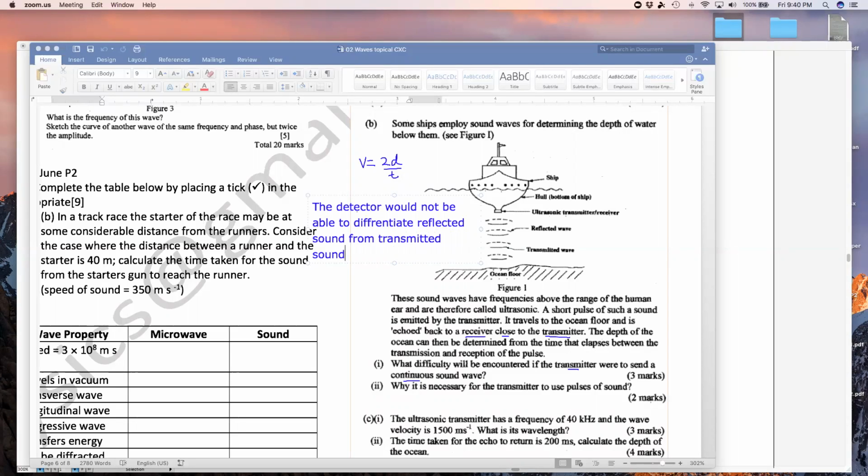The detector would not be able to differentiate between reflected sound, the sound that came up from the ocean floor, as compared with the sound that was being produced.